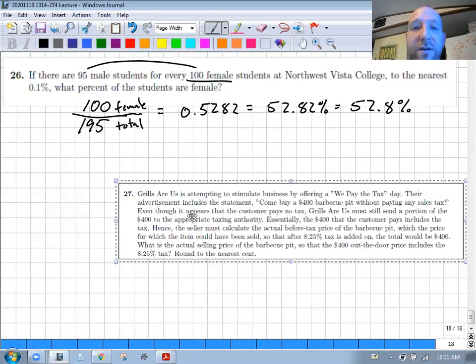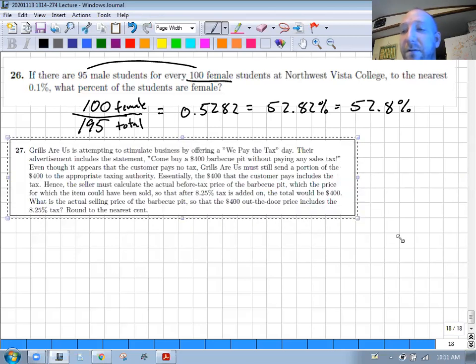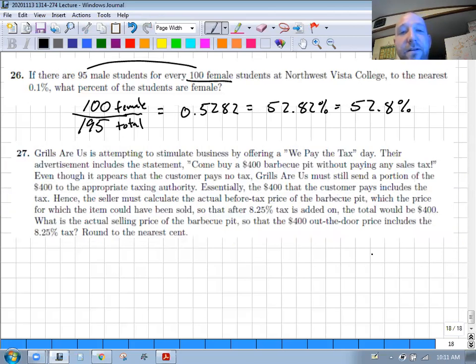This one requires a lot of reading. My favorite. All right, Grills R Us is attempting to stimulate business by offering a We Pay the Tax Day. Their advertisement includes the statement, "Come buy a $400 barbecue pit without paying any sales tax." Even though it appears that the customer pays no tax, Grills R Us must still send a portion of the $400 to the appropriate taxing authority.